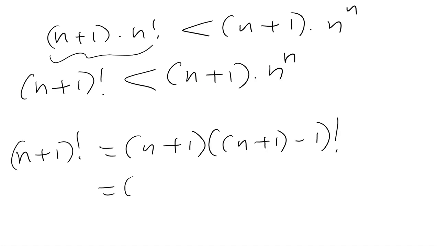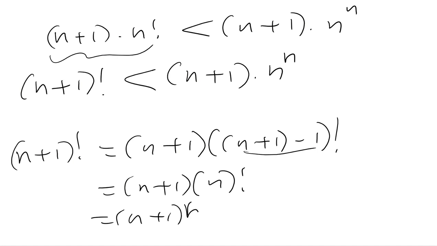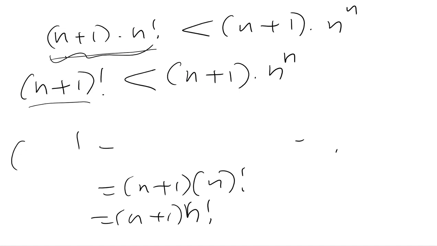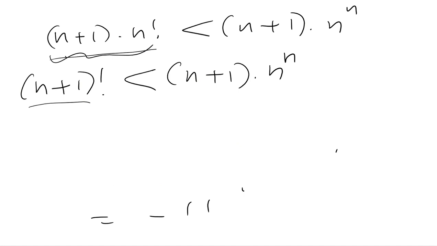This gives you n plus 1 times n factorial. So we can replace this expression by this. That was an explanation on why I went from the first statement to the second.